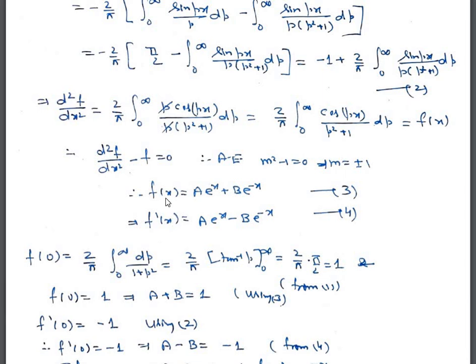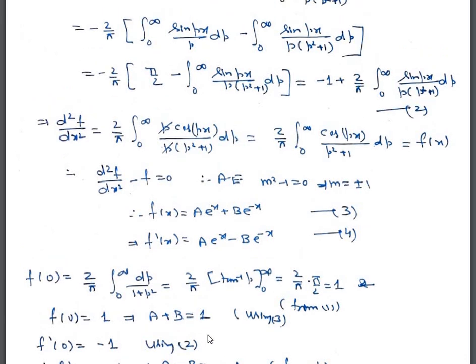So f0 is 1, therefore a plus b is equal to 1. Similarly f dash 0 is minus 1 using equation number 2, because this term will become 0 and what is left is minus 1. So from this equation we get a minus b is equal to minus 1.